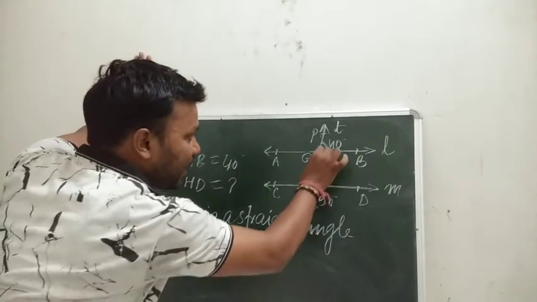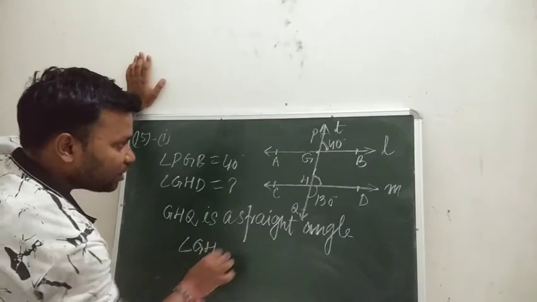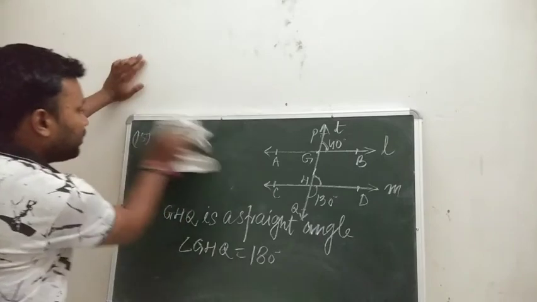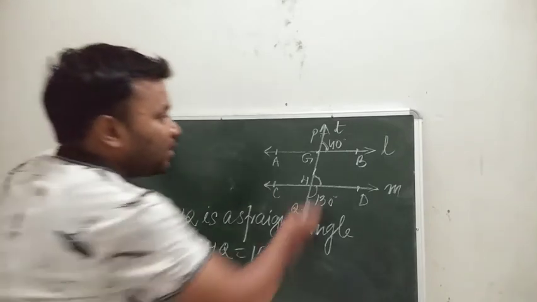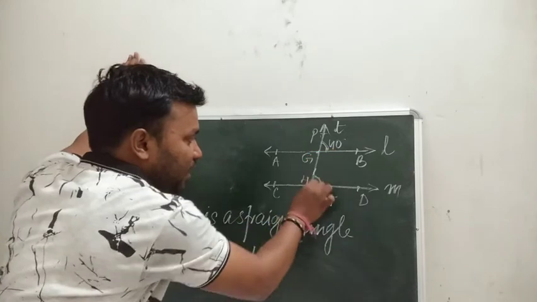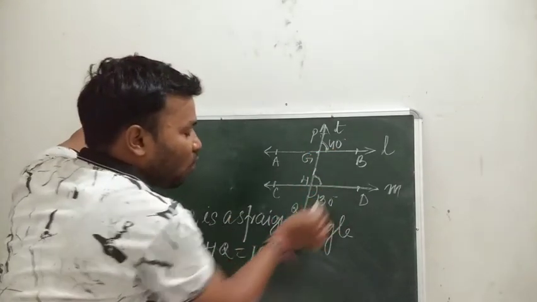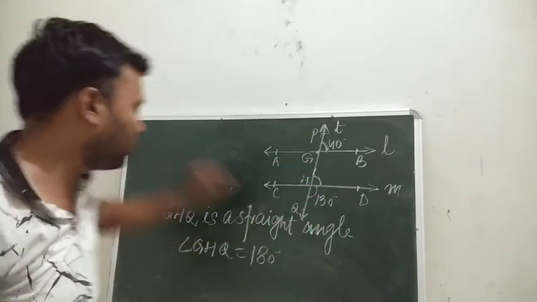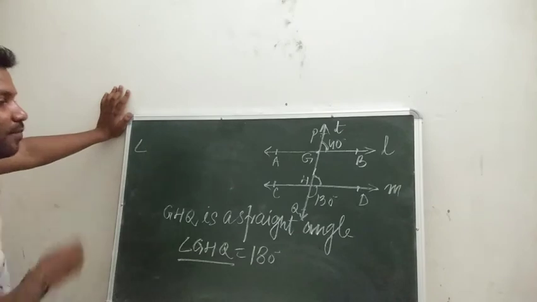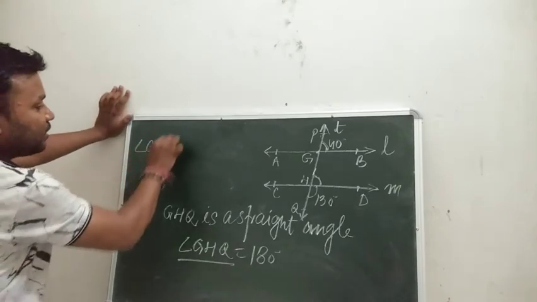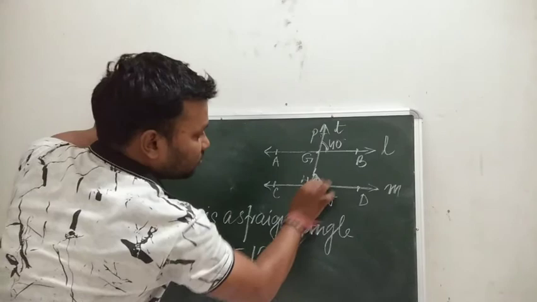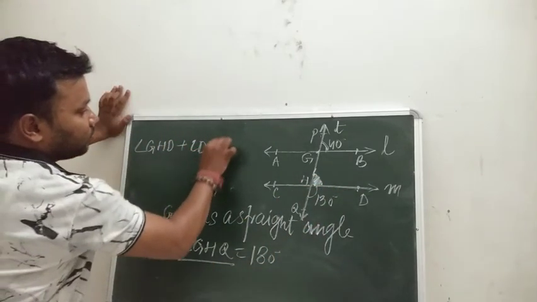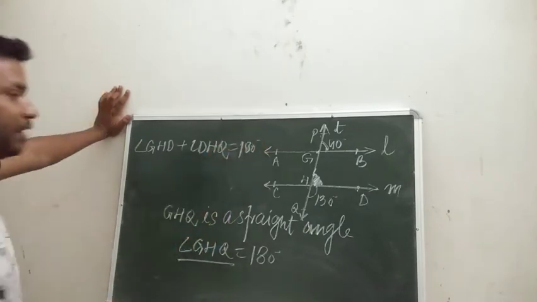So we can say that angle GHQ is equal to 180 degrees, and with the help of this figure we can easily say that this angle GHQ is formed with the help of two angles GHD and DHQ. So in place of GHQ we can write angle GHD, this one, and angle DHQ is equal to 180 degrees.